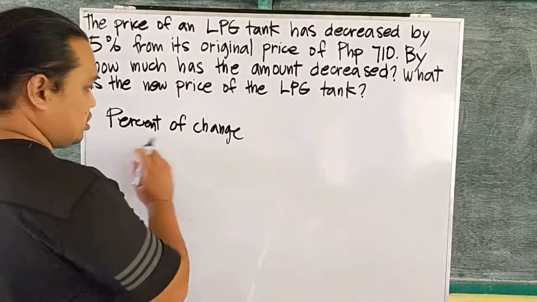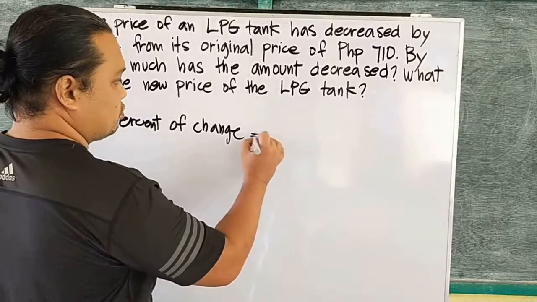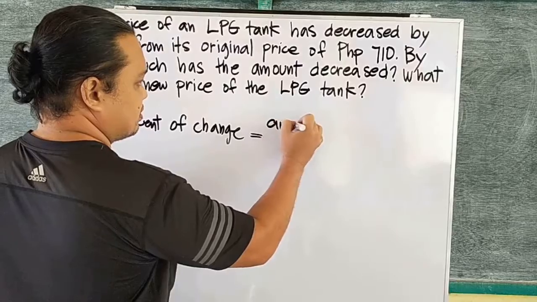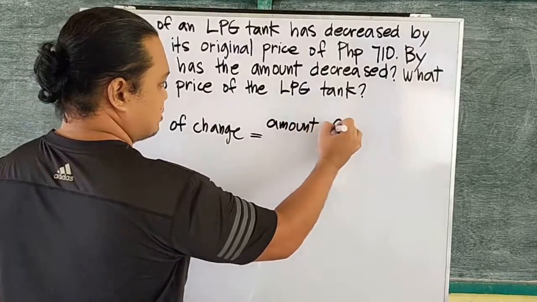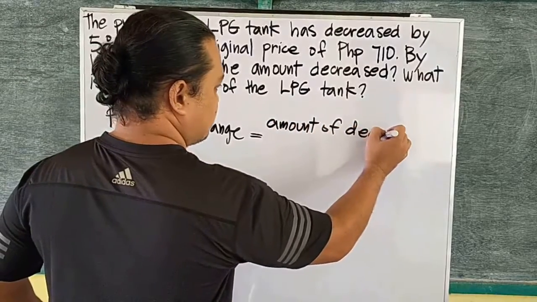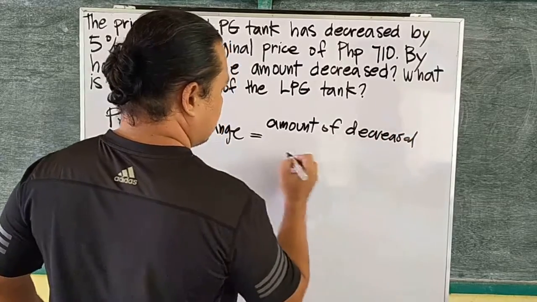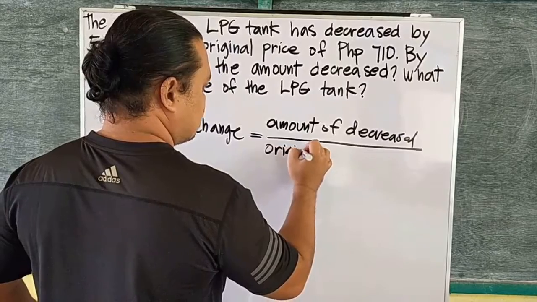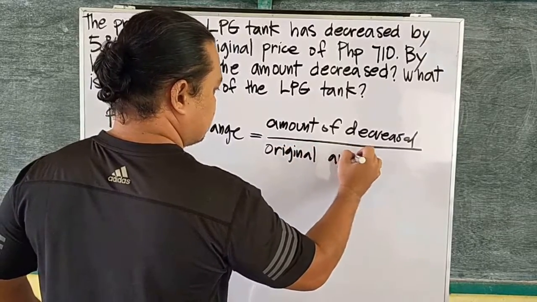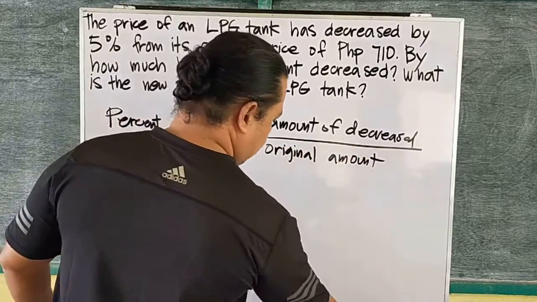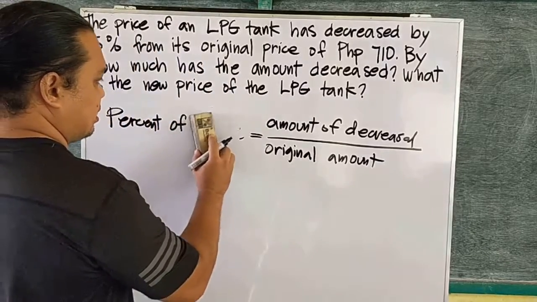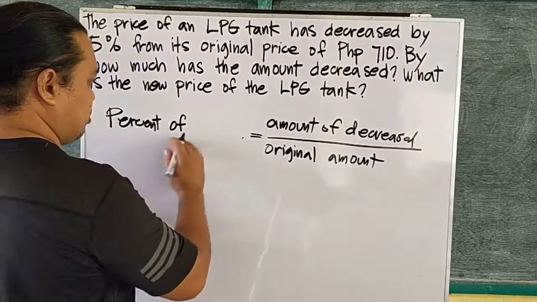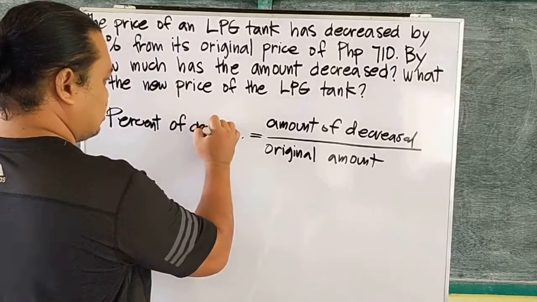Okay, so percent of decrease or change is equals to amount of decrease over the original amount. Okay, so we are looking for the amount of decrease.